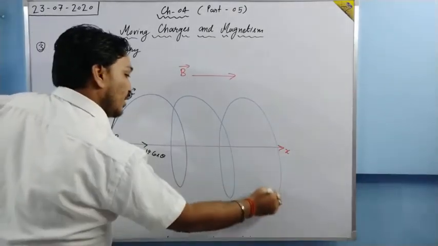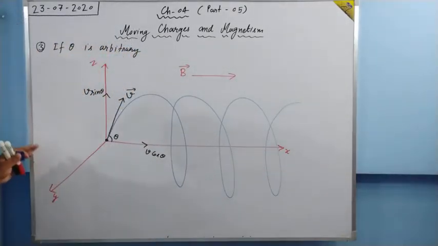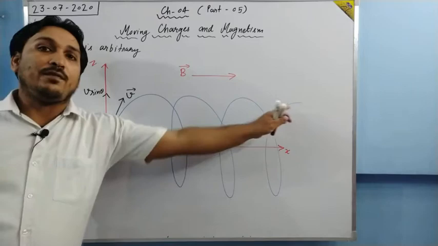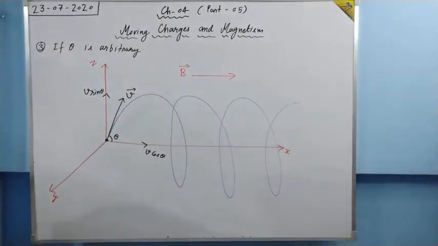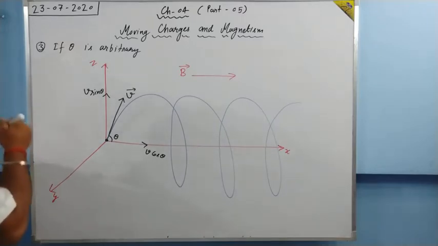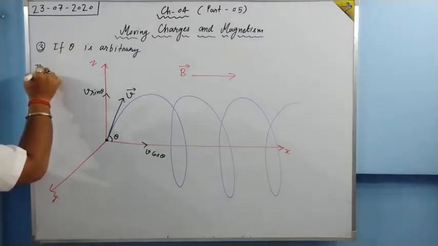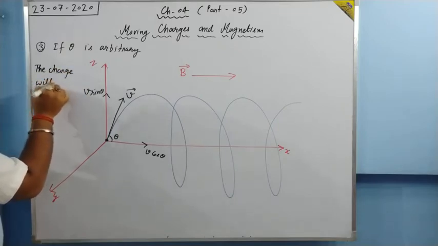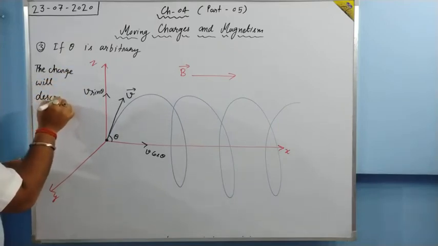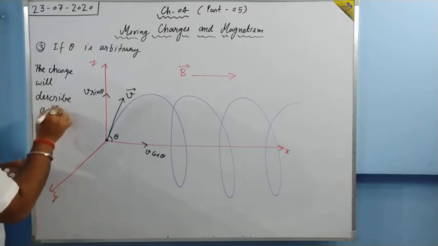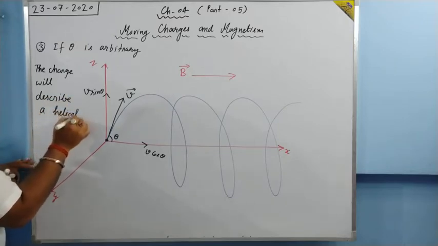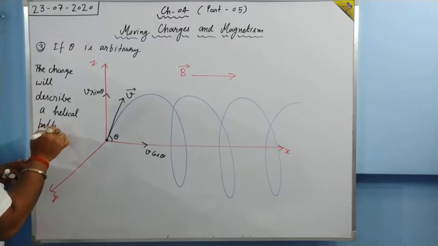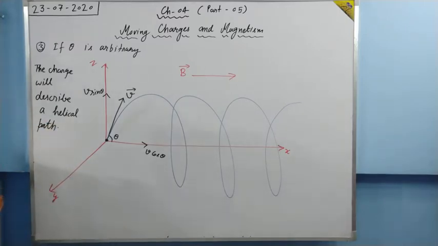Basically, the charge will describe a helical path. Helical means the spring-like structure you have studied, the spring-like path.